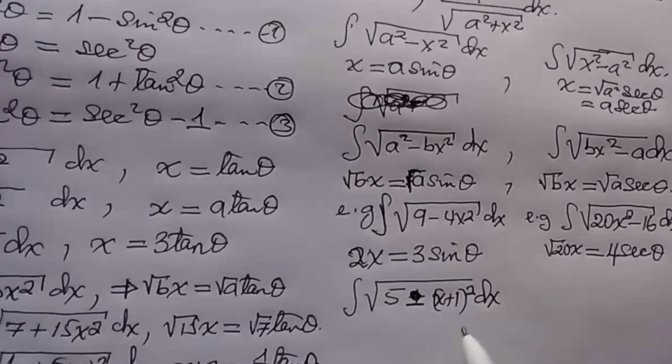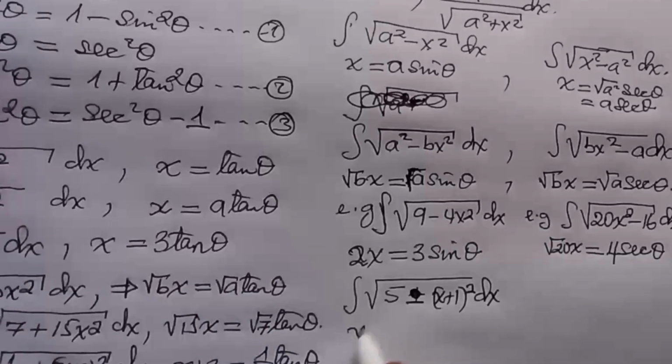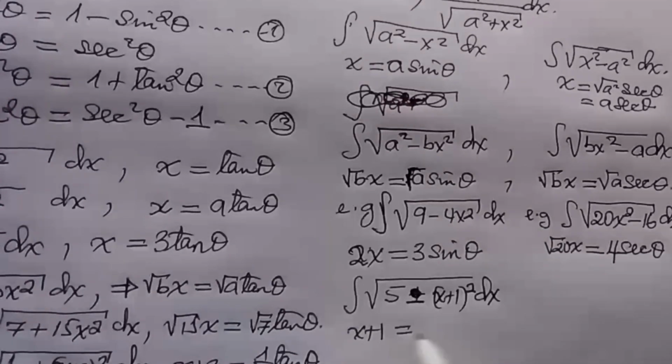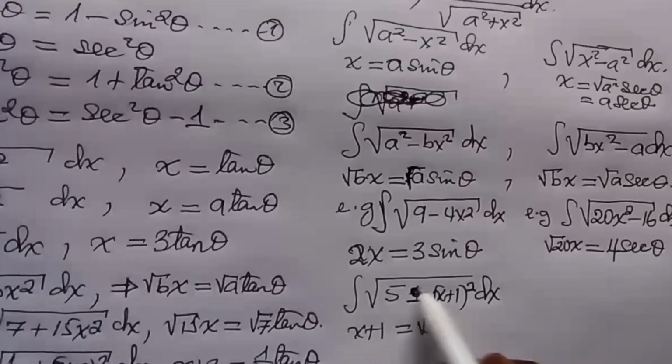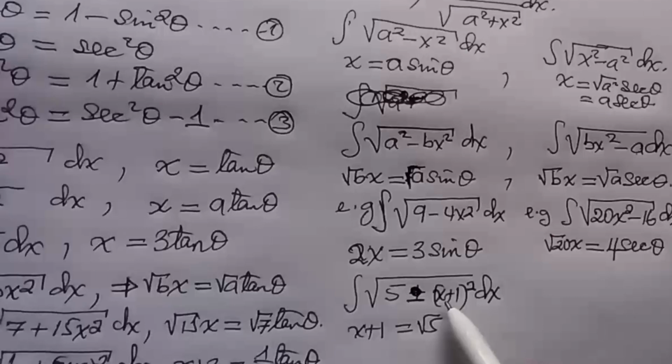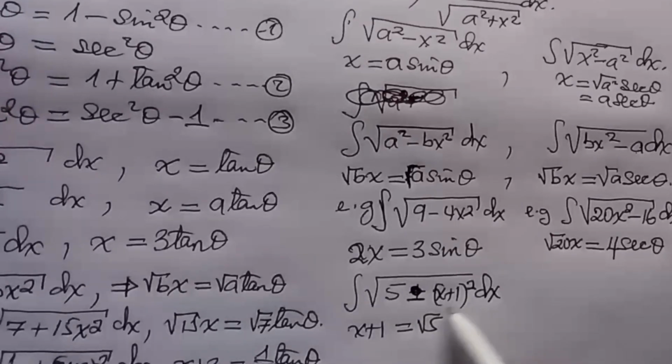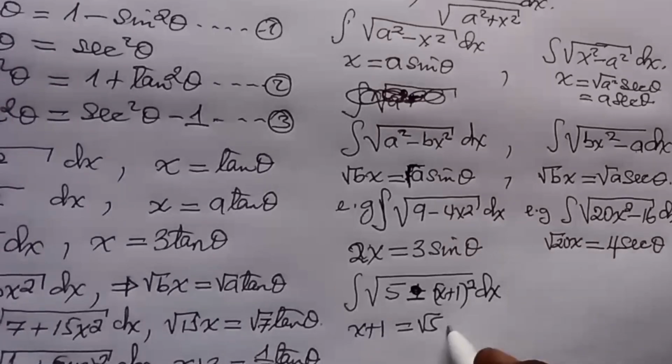And so your substitution again should be the square root of the variable term, which is x plus 1, equals the square root of the constant term, root 5, times the trig function that is appropriate for this. As I said, where there is difference of two squares and the term in the variable is negative, you are using sine theta.